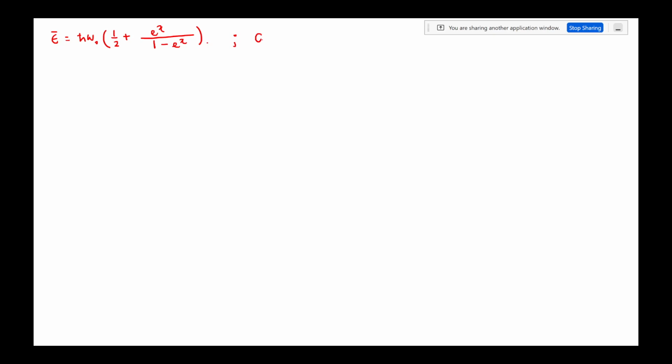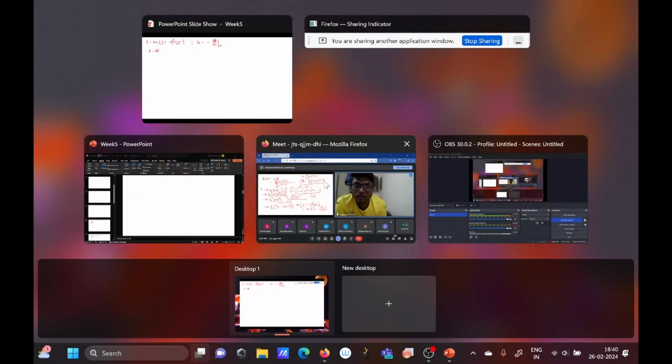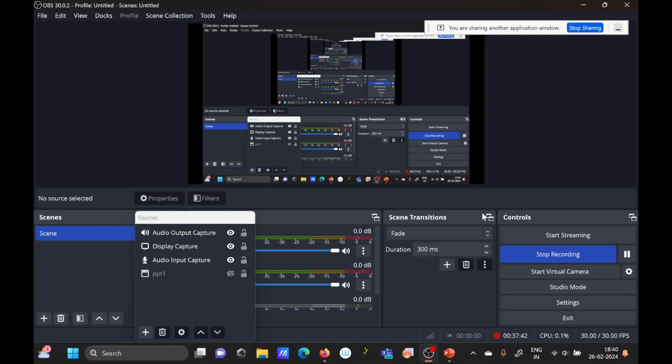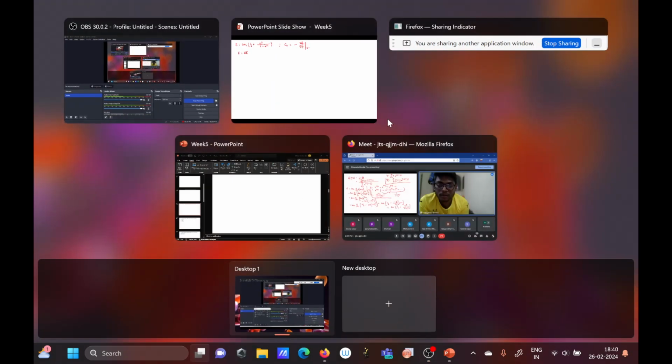Specific heat Cv is d epsilon/dT, keeping V fixed. Okay, now in my case, what will be the total energy? My total energy E will be E bar, because average energy is that.